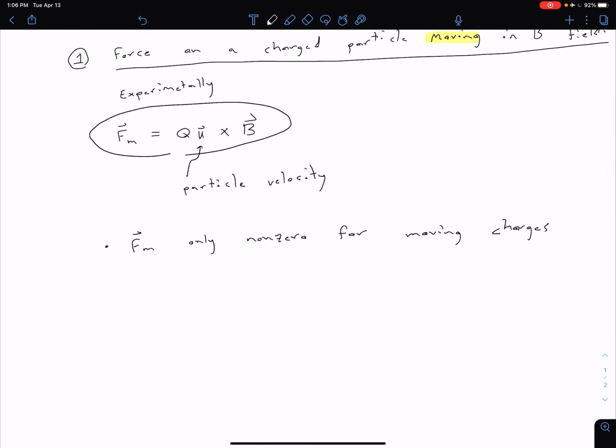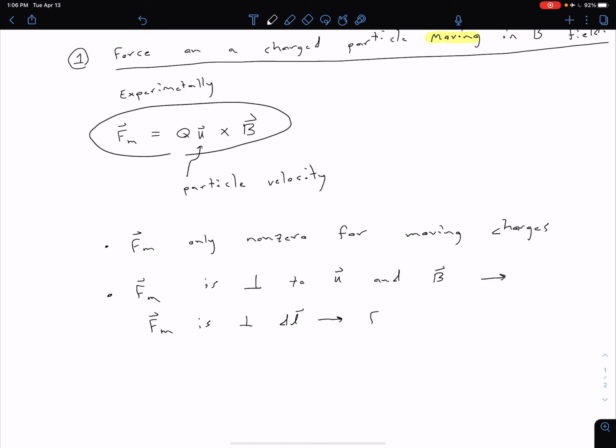The other thing that we can notice is that our F sub m, the force, is perpendicular to the velocity and the magnetic field. So F sub m is perpendicular to our velocity and our magnetic field, and that's just due to the definition of the cross product. What that tells us is that F sub m is also going to be perpendicular to our dl. If it's perpendicular to our u, then it's also perpendicular to our differential length, the path along which our charge is moving.